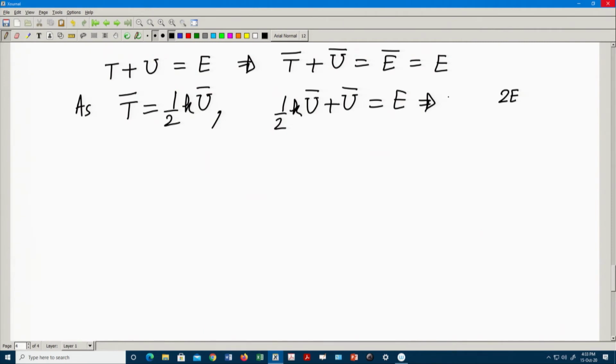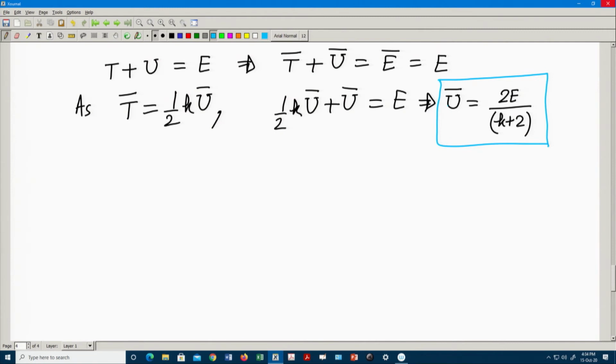So, 2E, u average equal to k plus 2. Okay. So, in terms of energy, u average is twice the total energy upon k plus 2. K is the degree of homogeneity, and the assumption is that potential energy is a homogeneous function of coordinates. Okay.